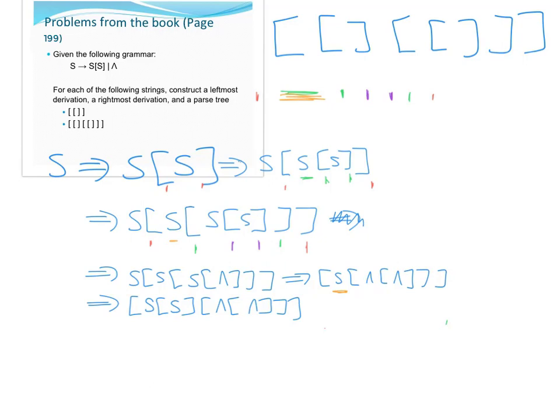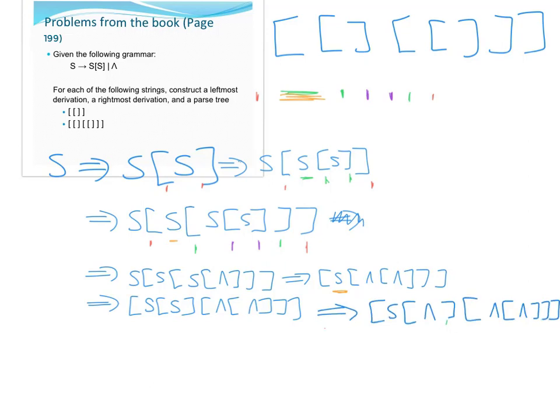So we're doing rightmost derivation. So now we need to reduce that one. So we will do bracket S bracket lambda bracket, and then we've got the bracket lambda 1, 2, 3, and rightmost derivation.